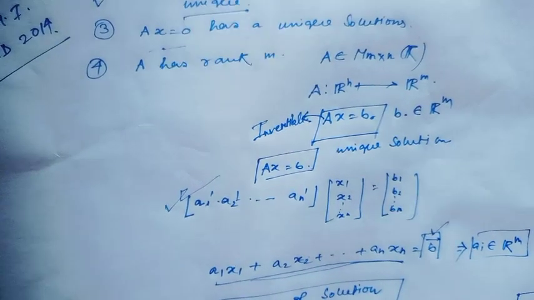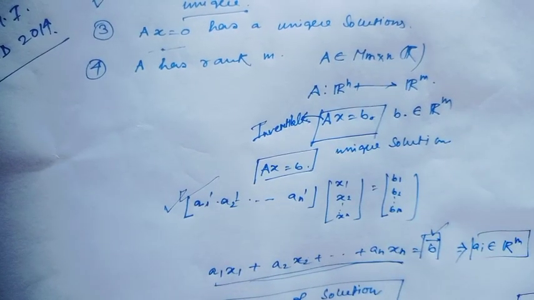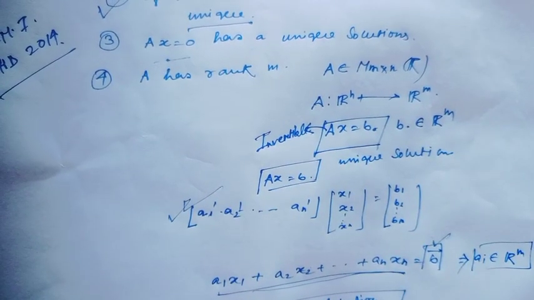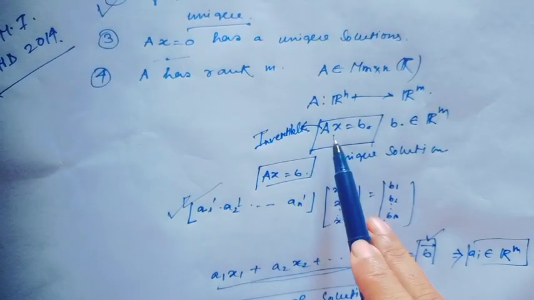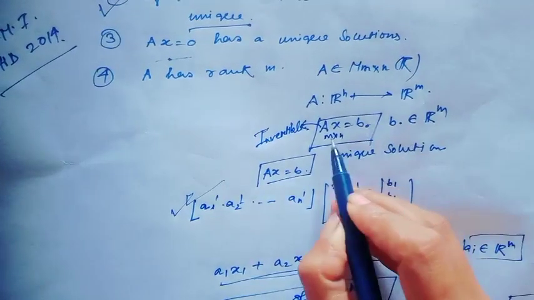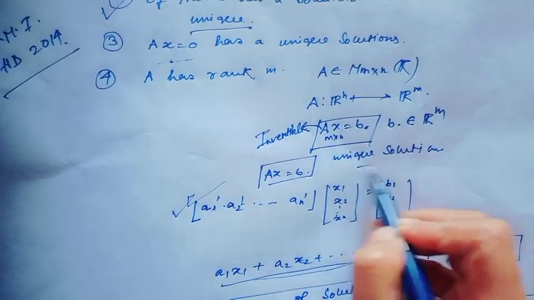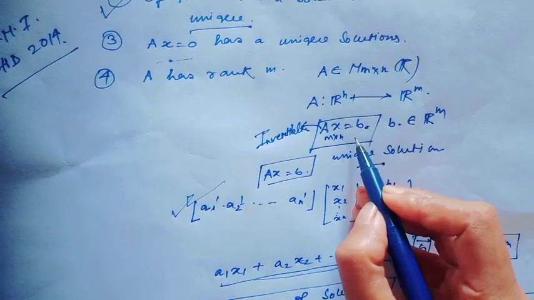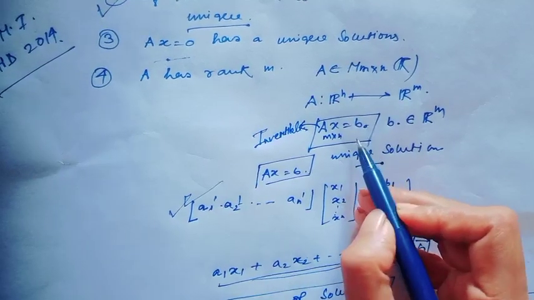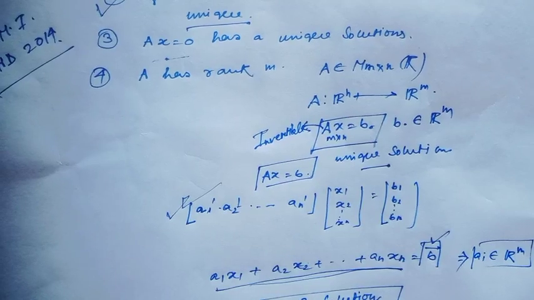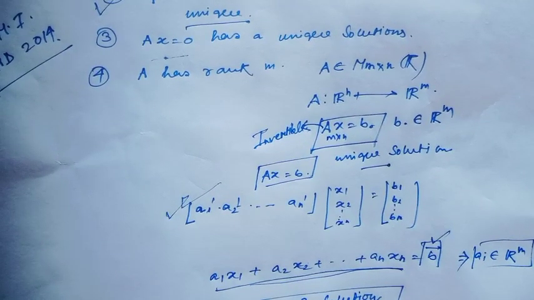So if Ax equal to B has a solution, then this solution would also be unique, because here A is an m cross n matrix. Since Ax equal to B naught has a unique solution, the rank of the matrix would be the number of unknowns, that is n. So if there exists another solution, then this solution would be unique.